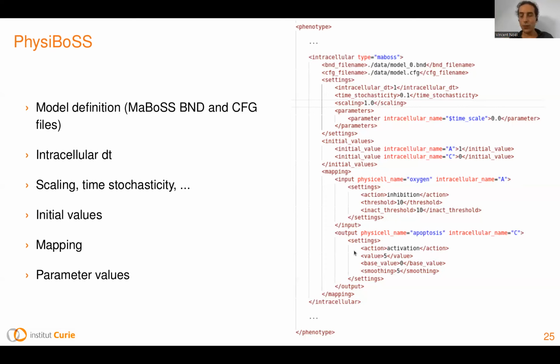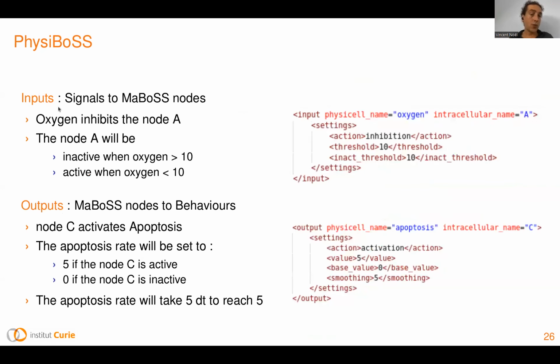So let me give you again one small example of the mapping system. First we have the inputs, so linking PhysiCell signals to MaBoSS input nodes. For example, suppose we want to have the node A being inhibited when we have oxygen around our cells.